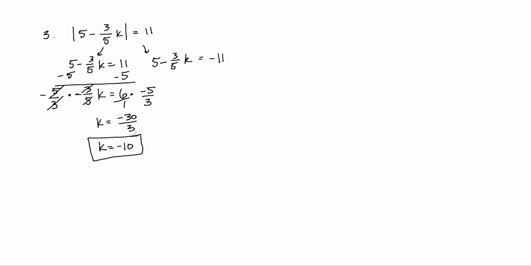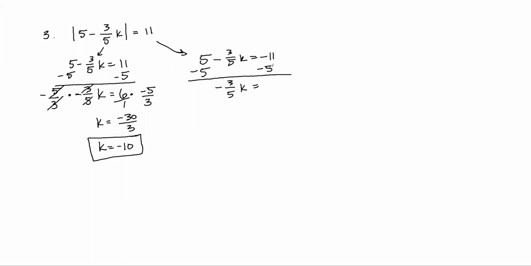And on the right side here, I'm going to go ahead and move this one over just to give us a little bit more room. If we subtract the 5 from both sides, we get -3/5 k equals -16.